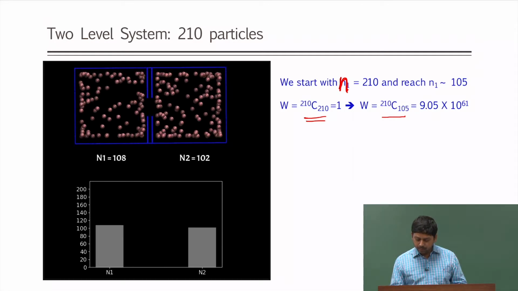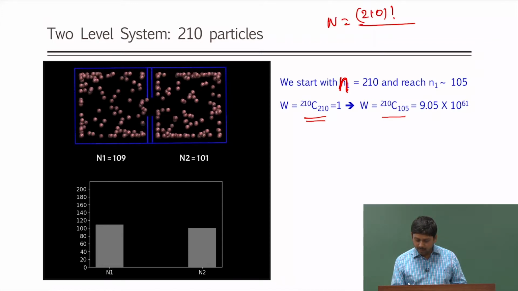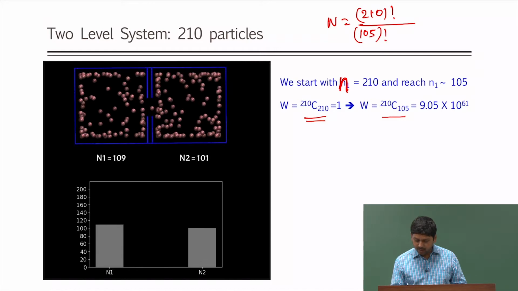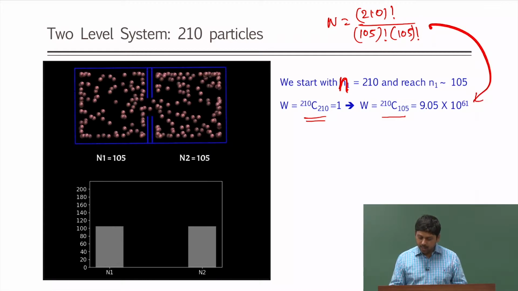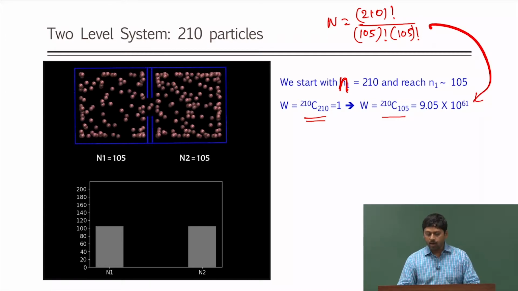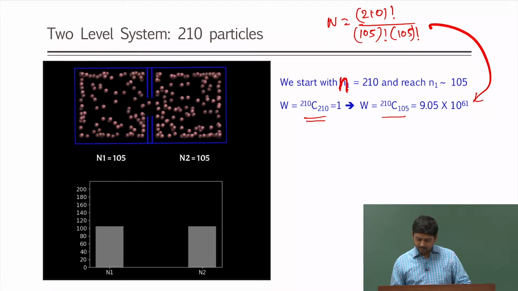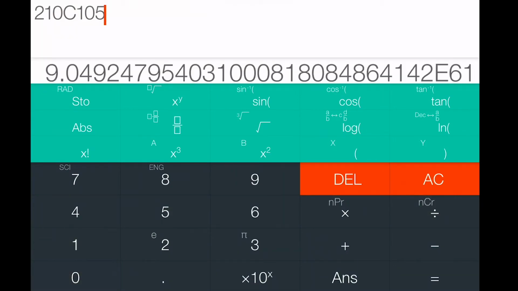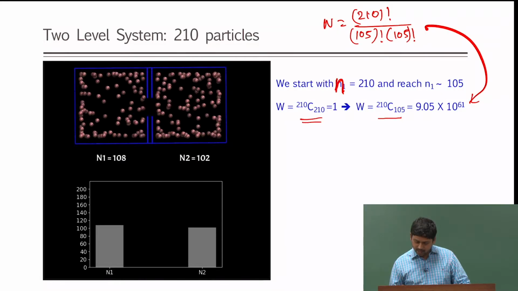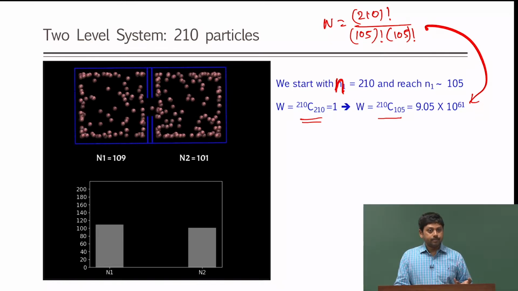W is 210 factorial divided by 105 factorial multiplied by 105 factorial, a big calculation, and that gives 9.05 into 10 to the power 61. I will show you the calculation here itself: 210 C 105 gives 9.05 into 10 to the power 61. So that many possibilities it is going towards.